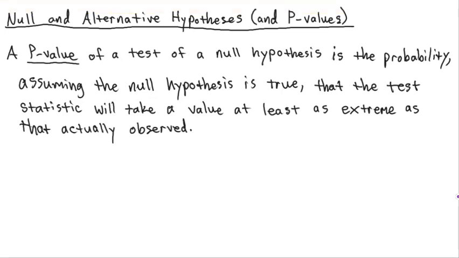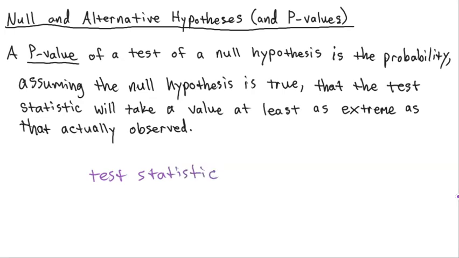So when we're testing a null hypothesis, what we do is we calculate what is called a test statistic, which you learned how to do in a previous lesson, or at least you learned how to calculate one kind of test statistic. And here's the idea. Typically, the test statistic is going to be a number.